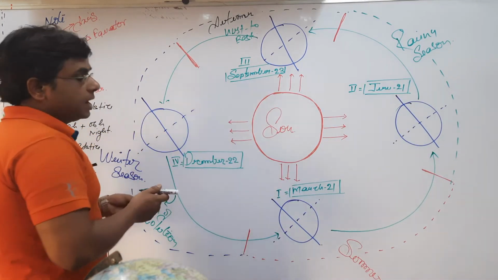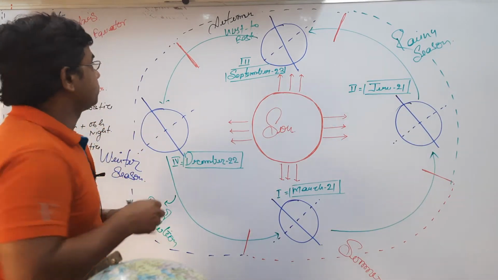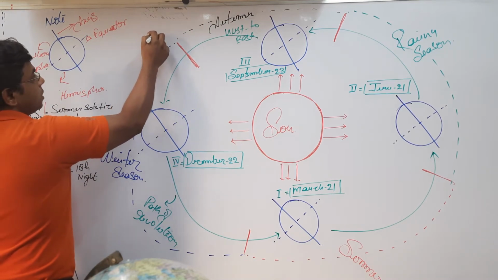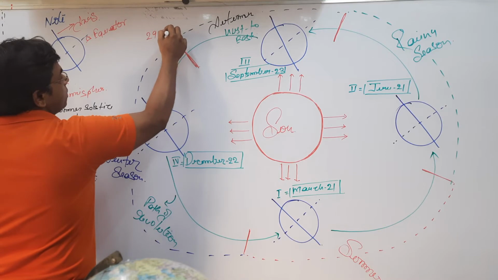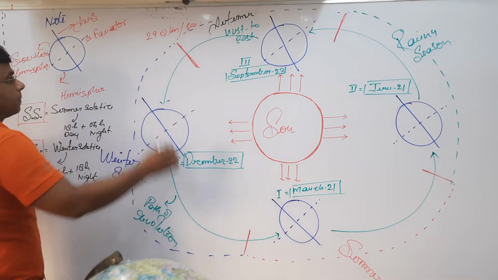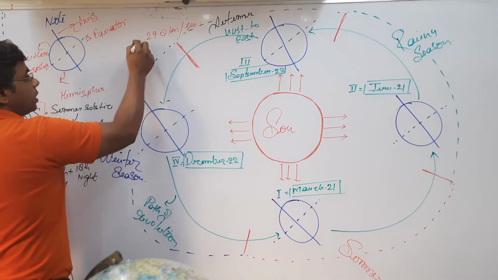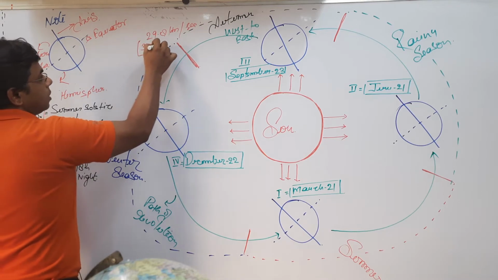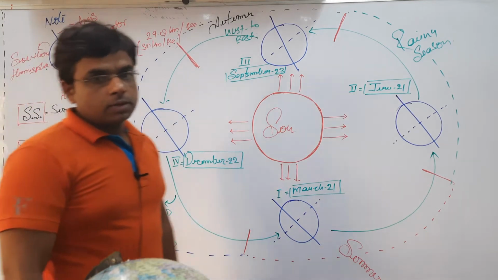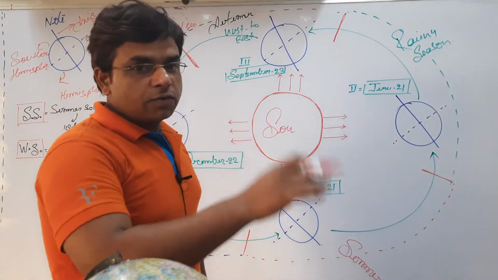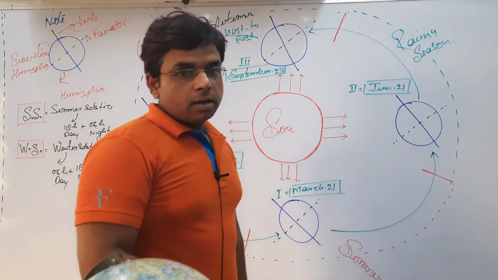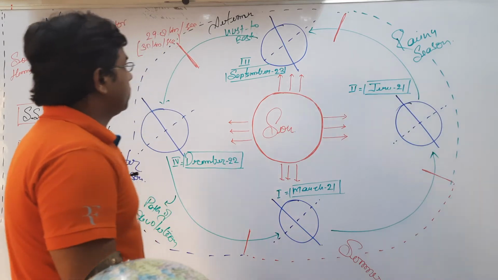Second, the speed of the revolution is 29.8 kilometer per second. That means in round figure, 30 kilometer per second. It simply means with the passage of 1 second we move about 30 kilometer in the motion of the revolution.